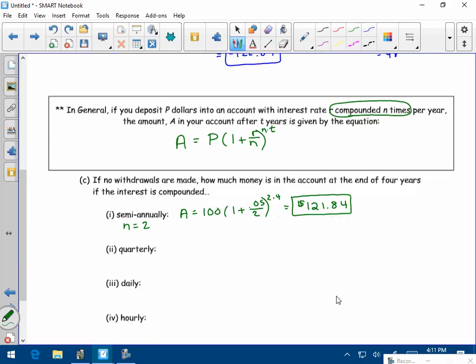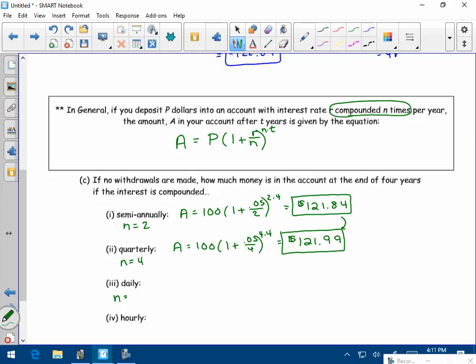If it's compounded quarterly, what do you think N would be? There's 4 quarters in a year, so N is 4. So 100 times 1 plus 0.05 over 4 to the 4 times 4. That time your calculator will give you $121.99. So again, slight improvement with the more times I compounded per year. What if I did something crazy and got interest added every single day?